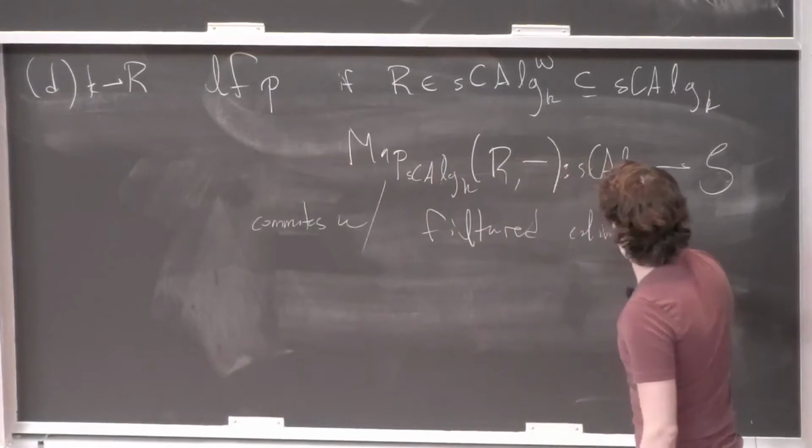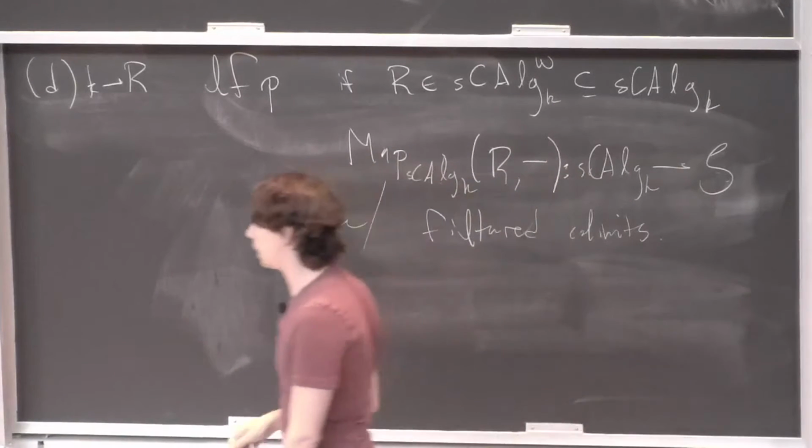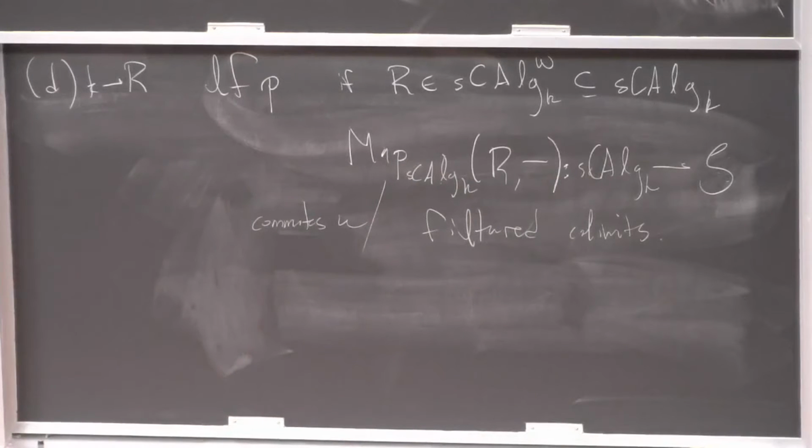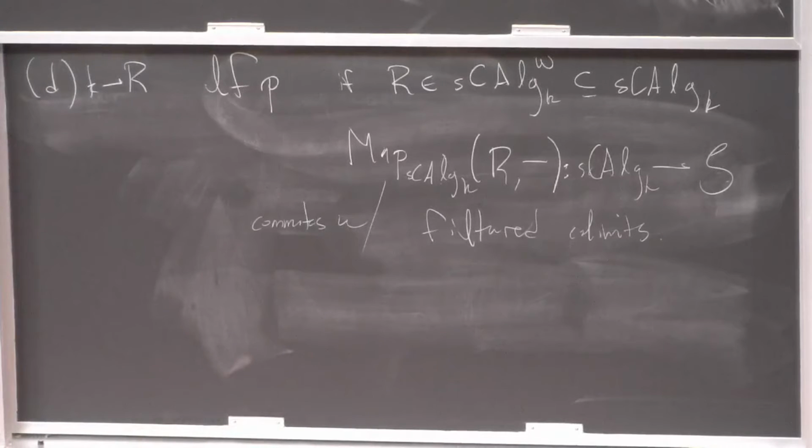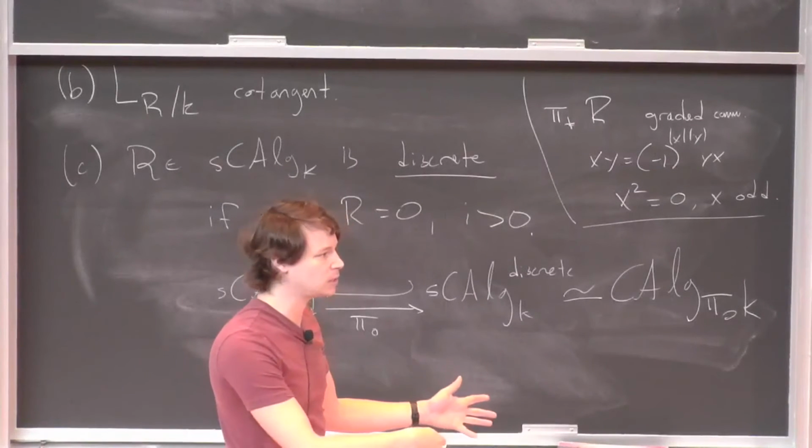So if you did this in the category of commutative algebras and you took maps out of a commutative ring, then saying that that functor to sets commuted with filtered colimits would exactly be saying that the ring is of finite presentation. Okay. So that's just a little bit of orientation to this category. And I can also take the derived tensor product of two of these things.